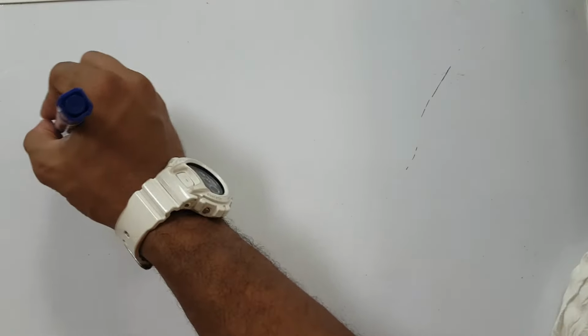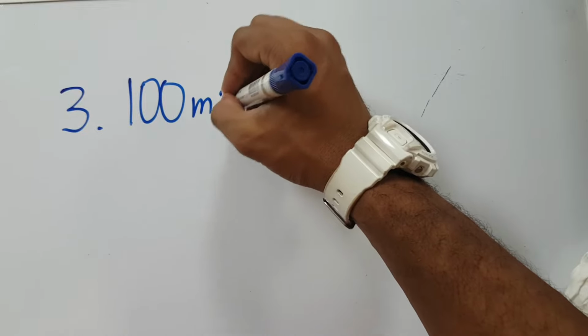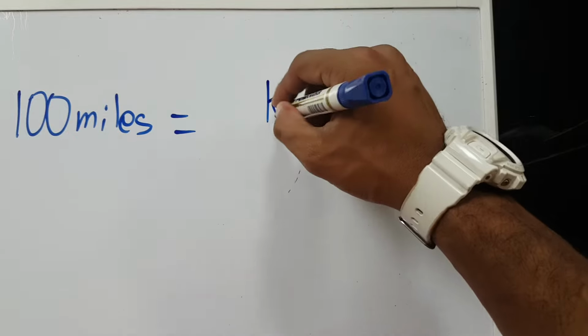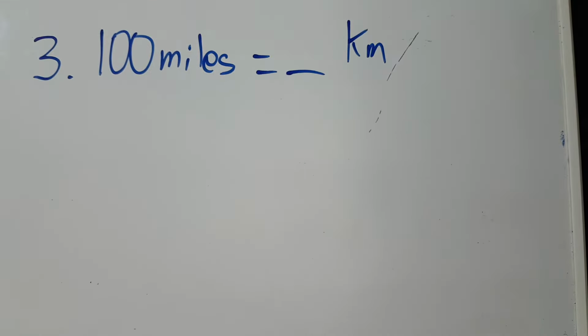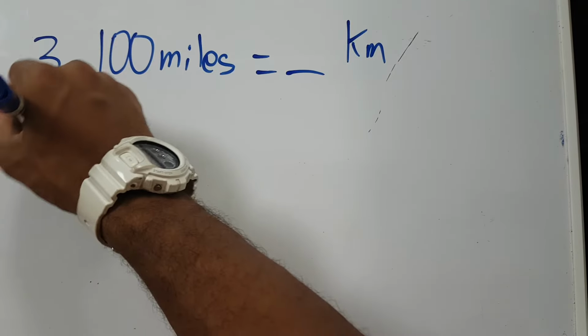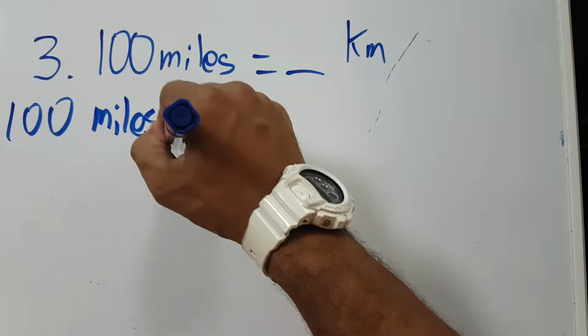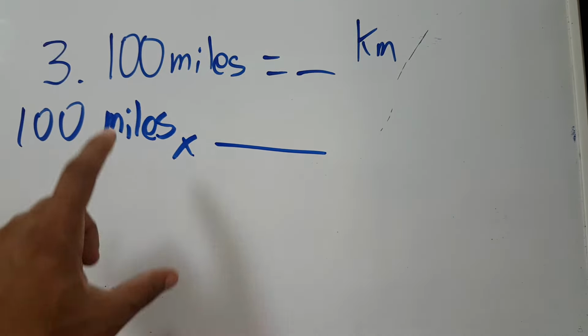And finally, let's do number 3. Last example, number 3. We have 100 miles, and we want to convert it to kilometers. So 100 miles multiplied by, once again, what is the rule?